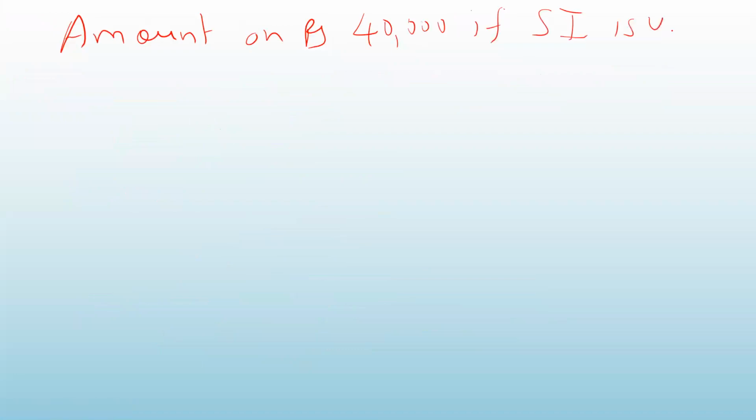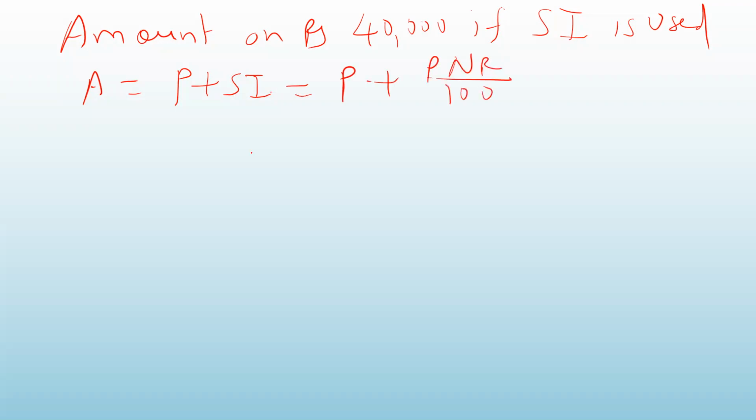What will be the amount? You know, amount is what? Principal plus simple interest, correct? If you are using simple interest, you know the formula for simple interest, it is P N R upon 100. So put the value of P. P is 40,000.